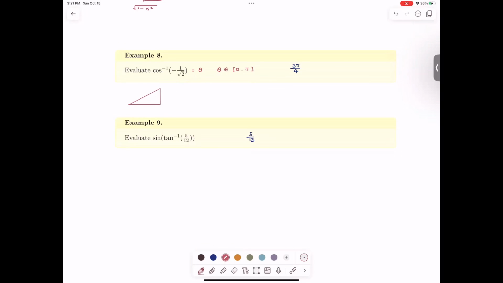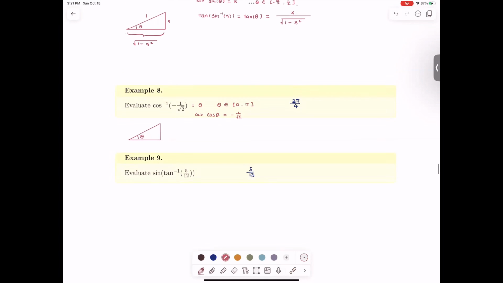So let's call this theta. Then this if and only if cosine theta equals negative 1 over square root of 2, right? This is by definition of inverse. Definition of inverse, remember?